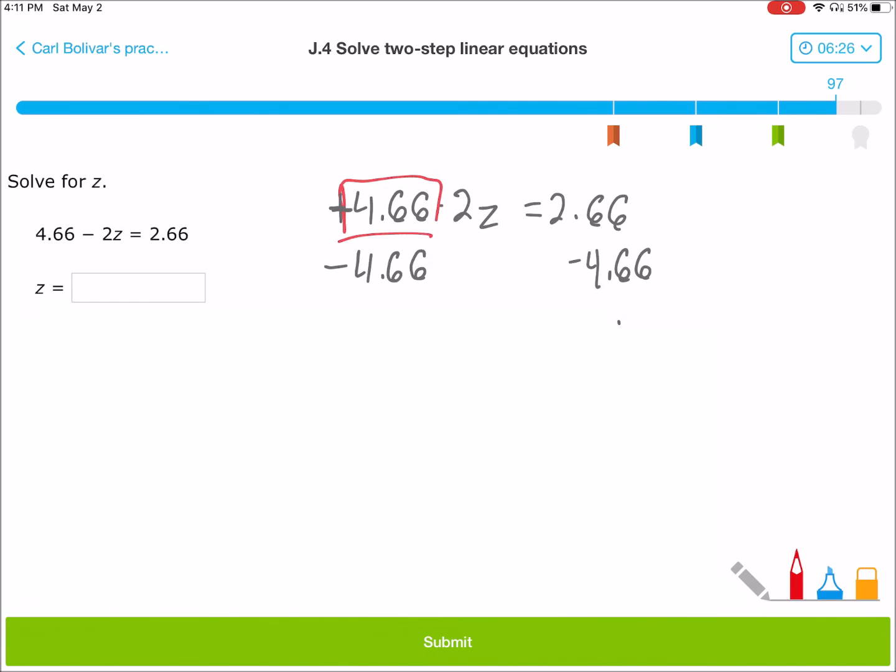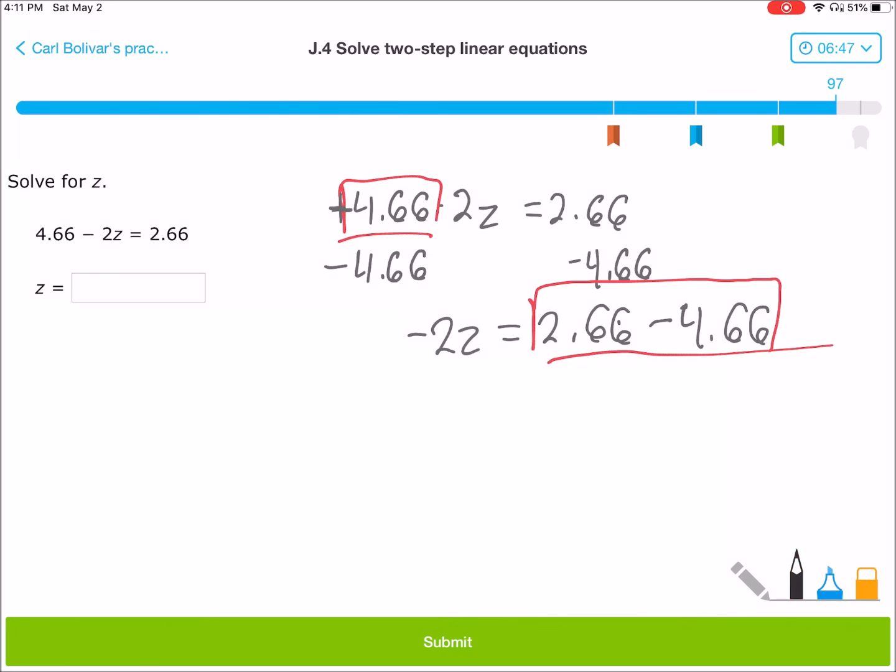So then this will become minus 2z is equal to 2.66 minus 4.66, right? When we simplify these two numbers, we will get negative 2z is equal to negative 2, right?